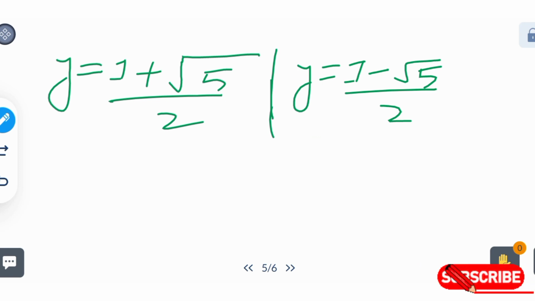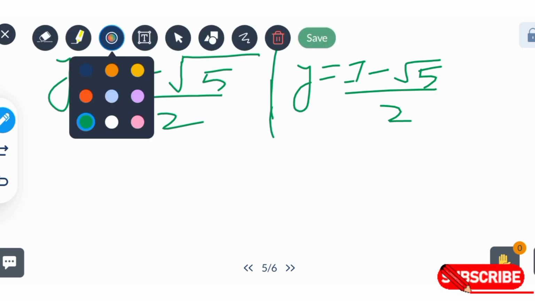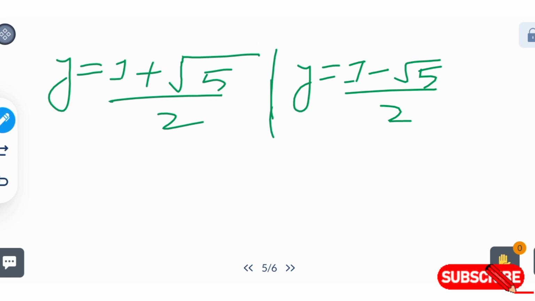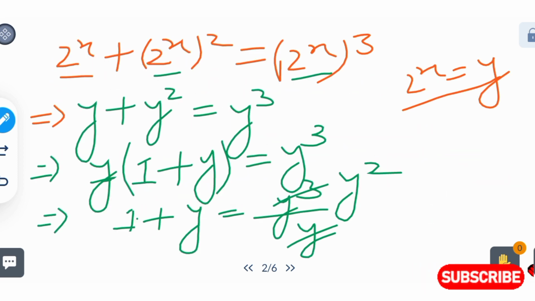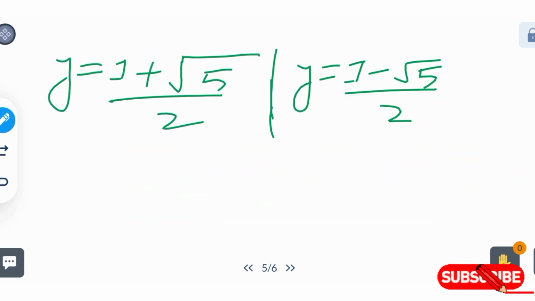Now see, what do we know about the y value? The y value we have taken that time, this is our y value, that is y equals to 2 to the power x.